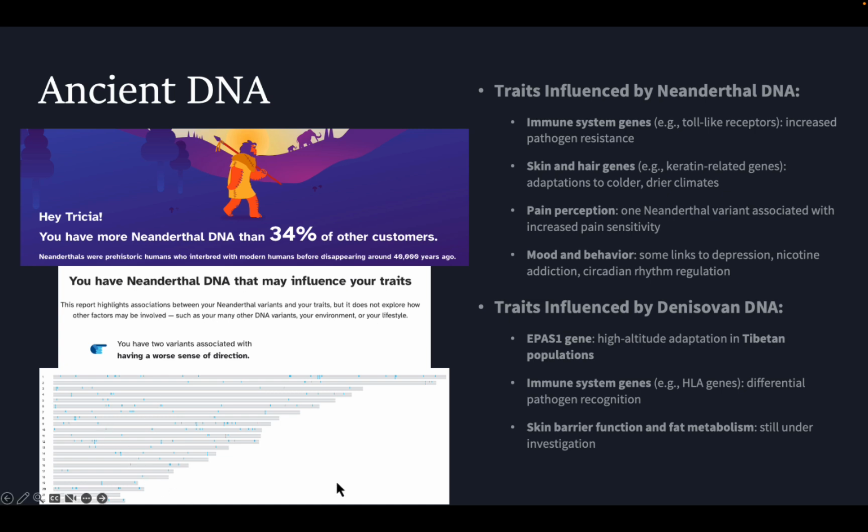And then what I'm showing you here is a picture of all of my autosomes. And for each of my autosomes, remember we have 2 copies. So I have chromosome 1, 2, 3, all the way through 22. And on each of them, all these little blue markers indicate the position of a variant associated with Neanderthal DNA rather than Homo sapien DNA. So in some places you can see that I have it only on 1 copy of my chromosome.